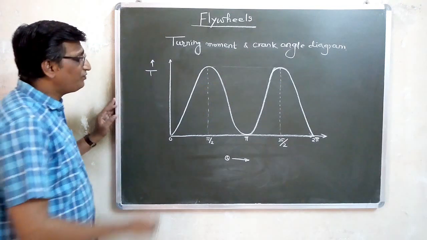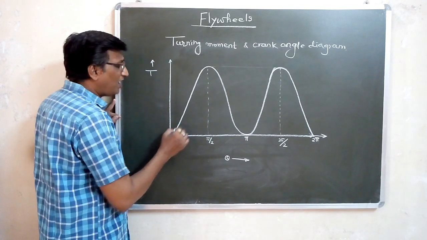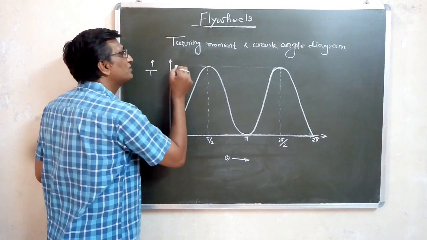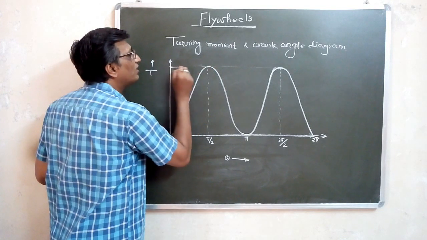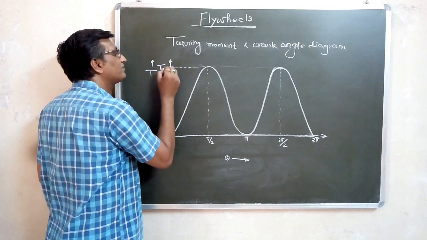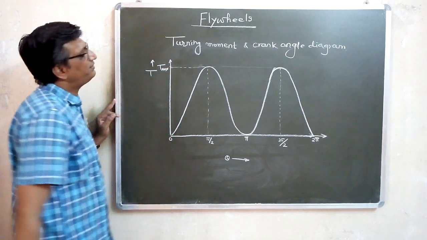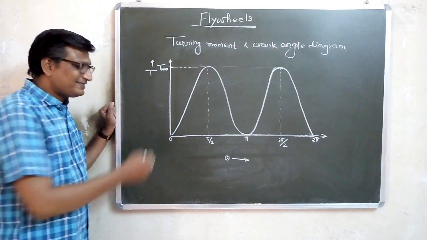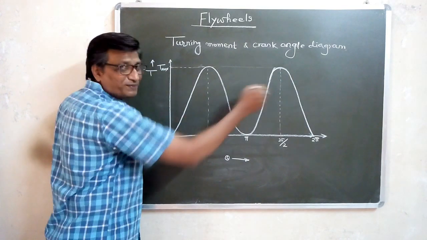Now if you see here, the torque is going to increase. At this position, the torque is highest. So I can say that the torque is maximum at this point. This is T max.